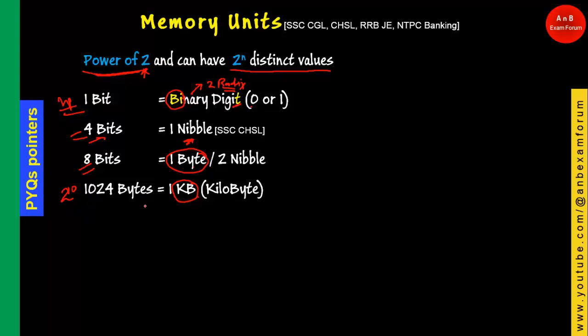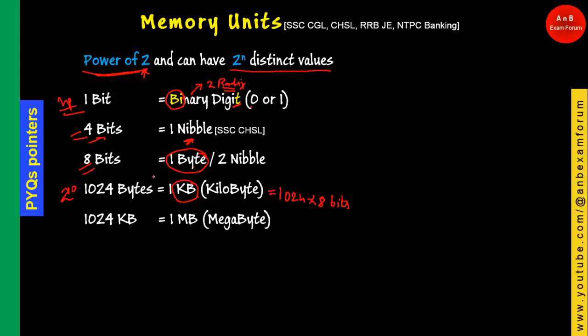But if I ask you 1 kilobyte has how many bits? So again, as you know, 1 byte is 8 bits. So your answer would be 1024 into 8 bits. So I will write 1024 into 8 bits will be there in 1 KB. Okay, let's see the next.